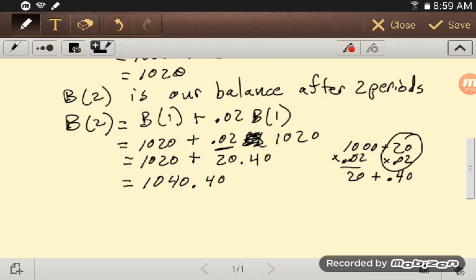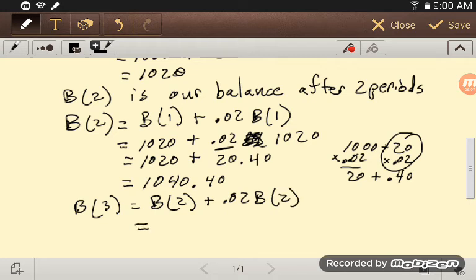And so similarly, now the calculation gets a little harder, but we could just keep going. If I keep it for 3 periods, then I take my 0.02 times B of 2, which is 1,040.40, plus 0.02 times that 1,040.40.